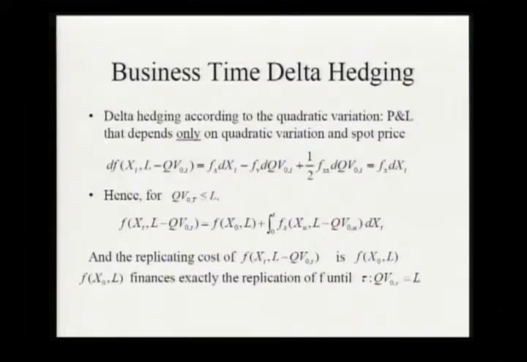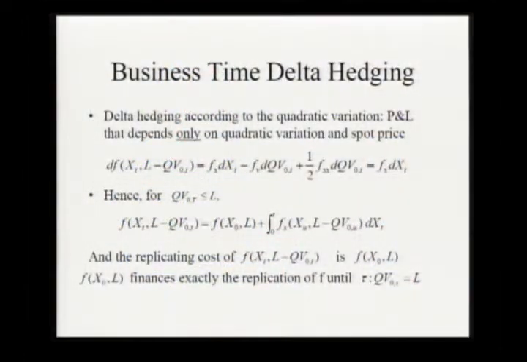And when you use this heat equation, you see that those two terms just cancel because you have dQV, dQV here. So a standard delta hedge here will perfectly carry on the replication.